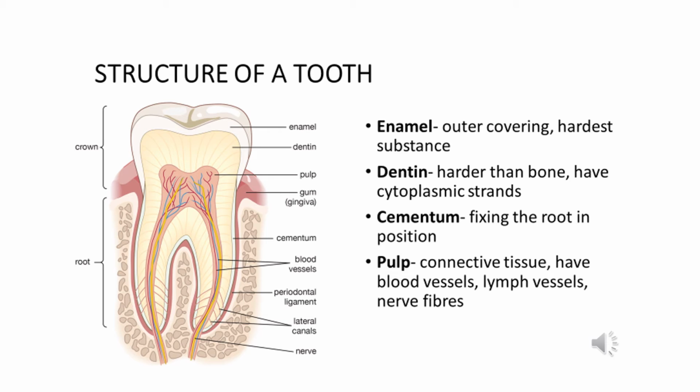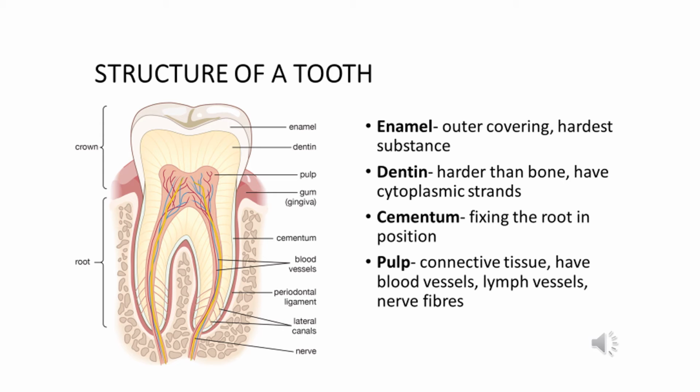Now we will look into the structure of a tooth. If we look at the interior structure of a tooth, it looks something like what is shown in the picture. The whole body of the tooth has 3 parts. First is called the crown, the base is called the root, and in between the crown and the root there is a very narrow portion, which is called the neck.